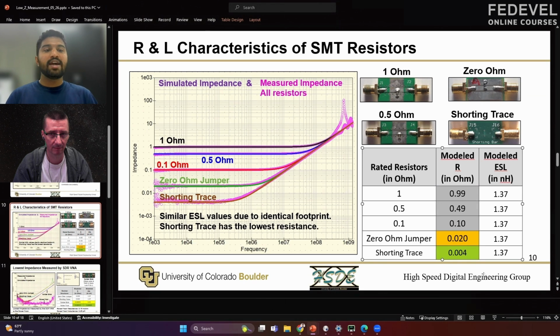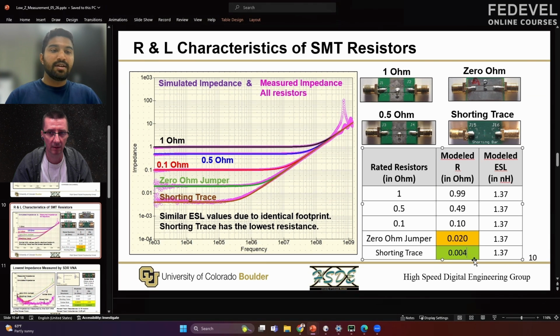So now when I have enough confidence in the method, and I'm using the test setups and I have my calibrated equipment, I can be rest assured that the measurement values that I'm getting out of it are good. That is also something that I expected, right? I expected the 0 ohm jumper to have a resistance that's lower than the actual 0.1 ohm resistor, and then the shorting trace to have a resistance further down on the resistor profile.